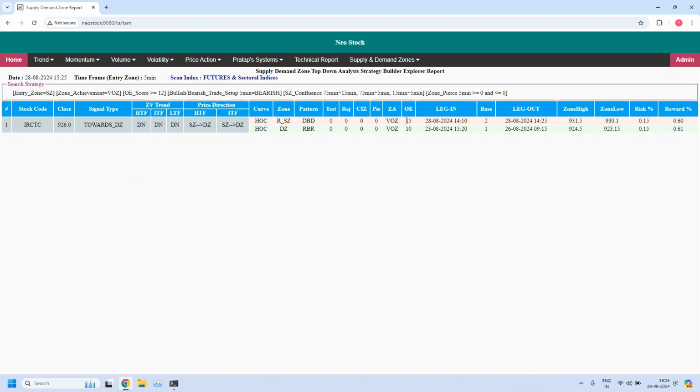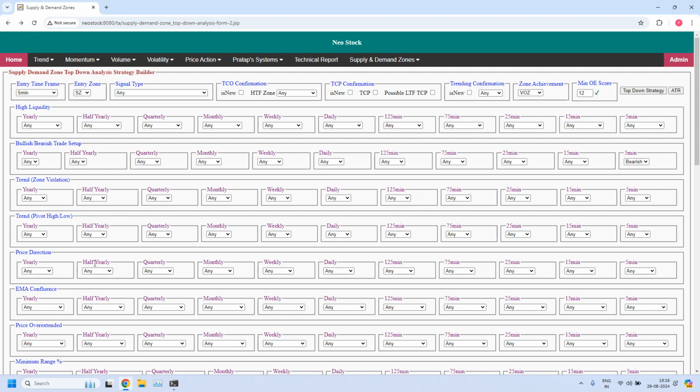Most probably it is having EMA confluence. The reason is OE score we got 15 out of 15. So in that one filter is EMA confluence. Let's verify. Oh, sorry. The 5-minute zone is having EMA confluence. The 5-minute zone is having daily EMA.